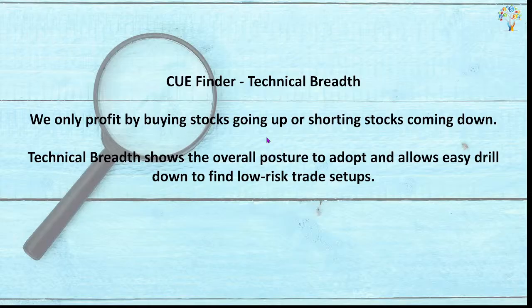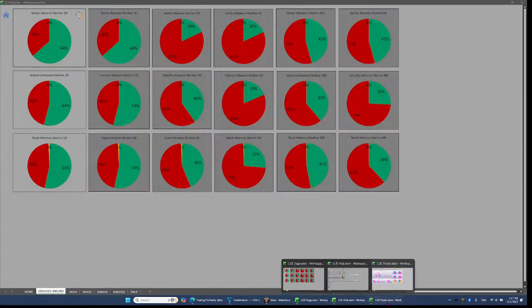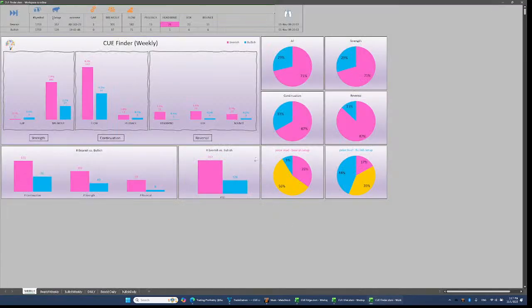And technical breadth is an interesting piece of insight. It will show two diverging stories in the market. The weekly technical breadth is bearish across the board in all categories: strength, trend continuation, trend reversal.